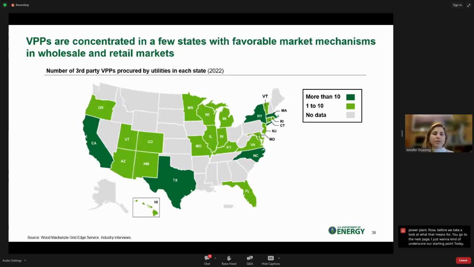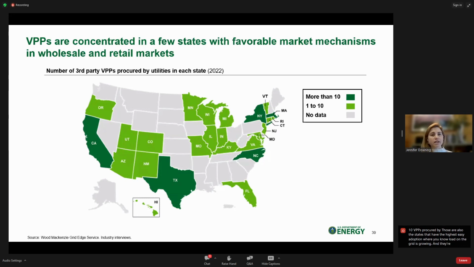So today we have about 30 to 60 gigawatts of virtual power plants deployed across the US, but they're very concentrated in certain regions. And typically they align with two things. One, where there is the greatest need. So in the dark green states here, where you have more than 10 VPPs procured by utilities, those are also the states that have the highest EV adoption, where load on the grid is growing.